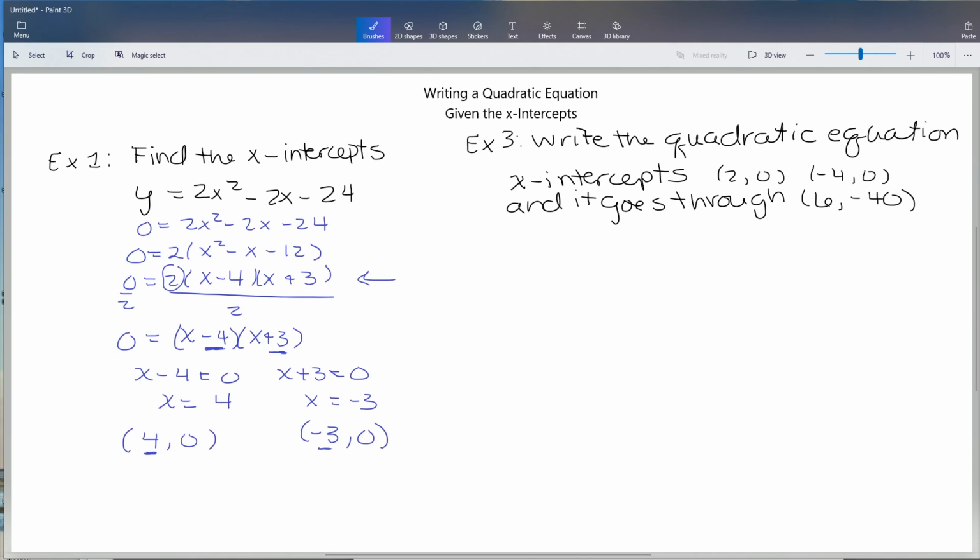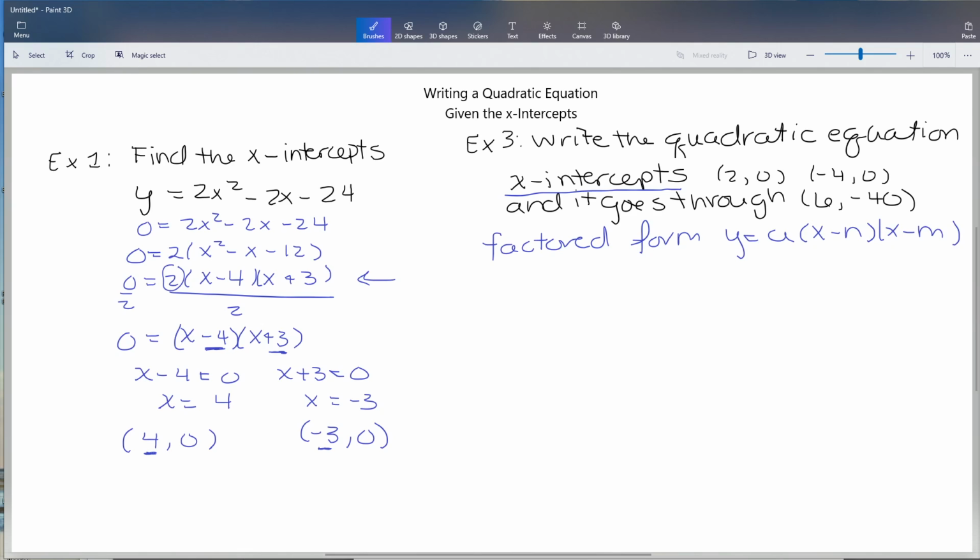Okay, so we're going to start again. When we have our x-intercepts, we know we are going to use our factored form. Right, which is y equals a times x minus n times x minus m.